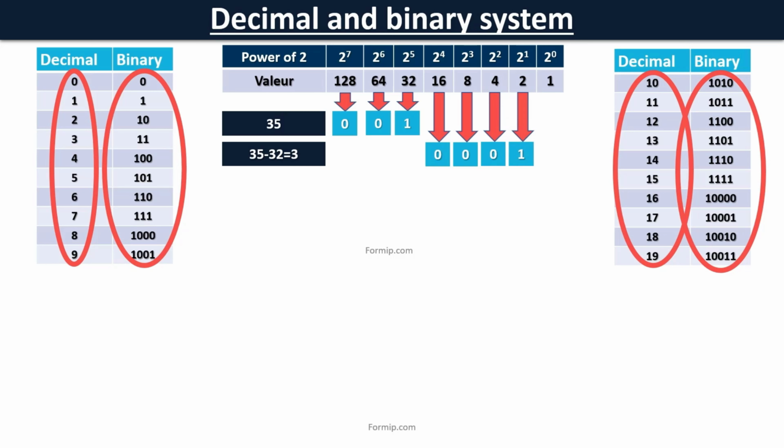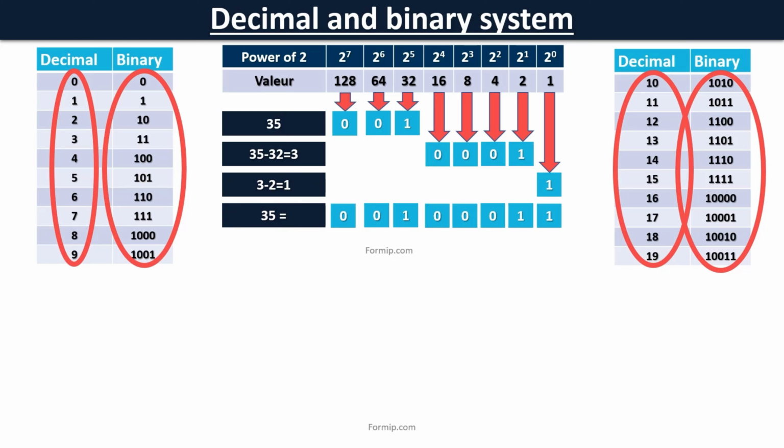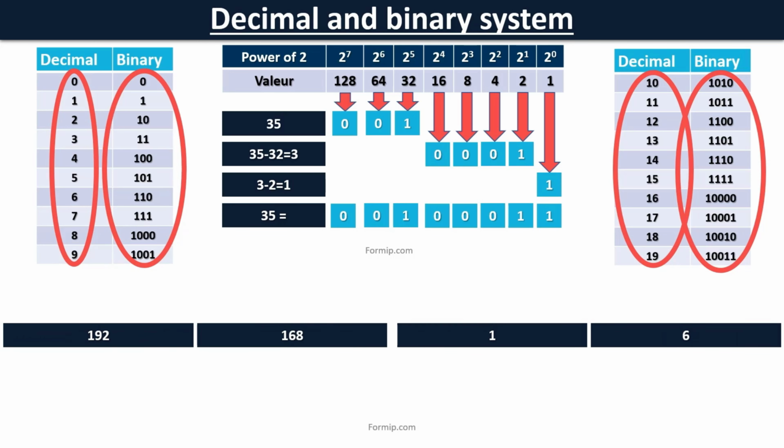The decimal value of the last bit is 1, which is the remaining number. We will therefore put a 1 below. The binary equivalent of the decimal number 35 is 00100011.